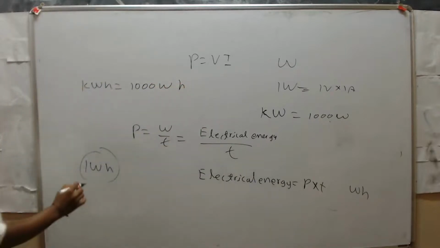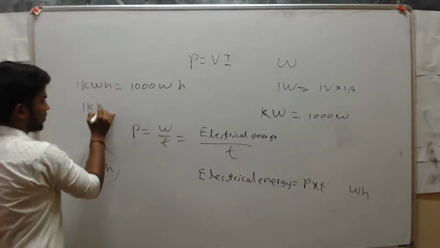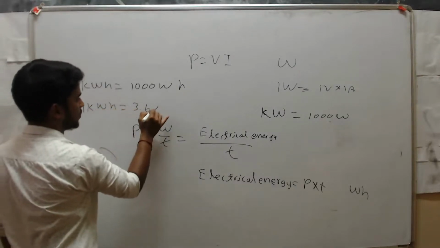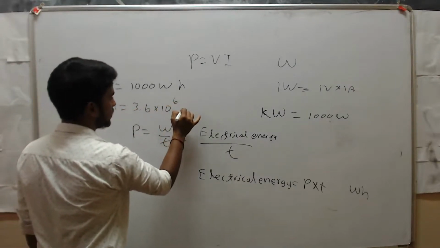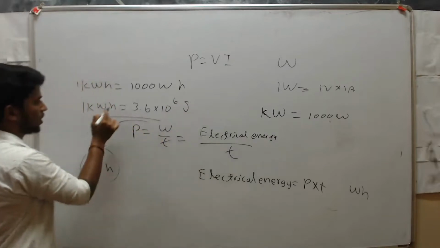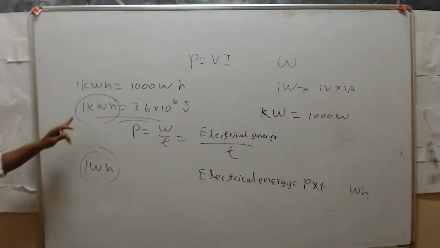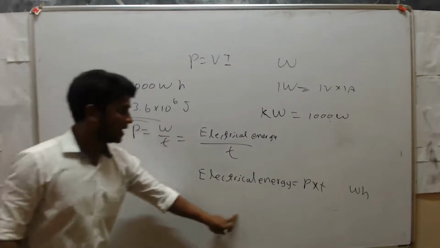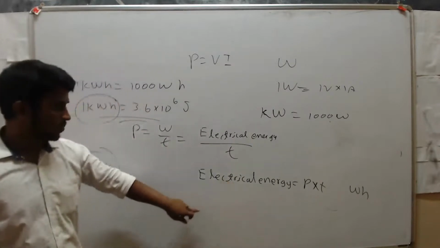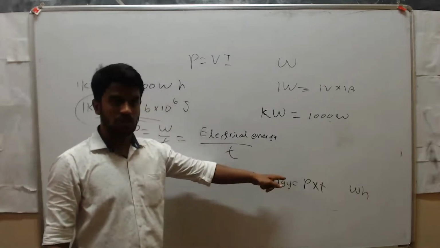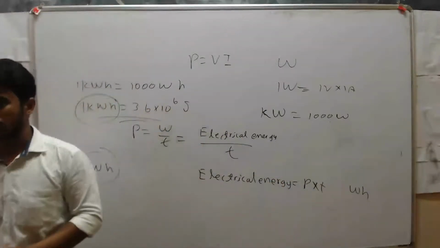So we can write 1 kilowatt hour is equal to 3.6 into 10 raised to the power 6 joules, because the SI unit of energy is joules.